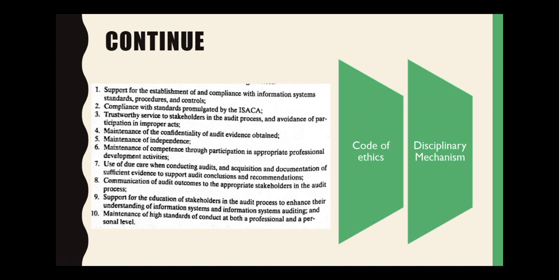And the next is about the Code of Ethics and the disciplinary mechanism. Actually, I think it is in a bundle. The members of ISACA and holders of the CISA designation must comply with a Code of Ethics. This code covers the following matters.